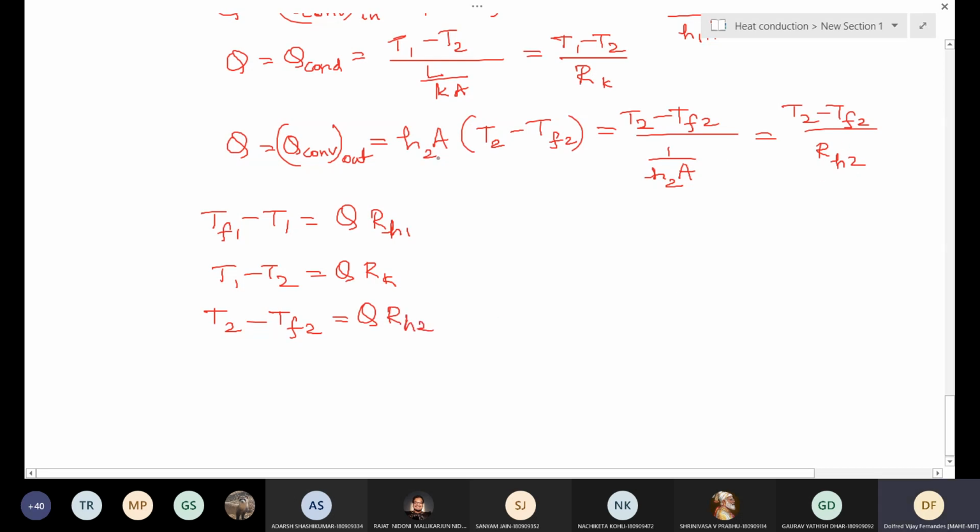Okay, so you see the equation here. Add these three. What do you get? TF1 minus TF2 equals Q into the sum of the resistances RH1, RK plus RH2.